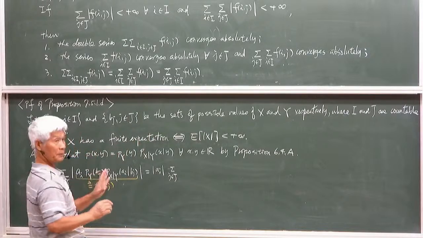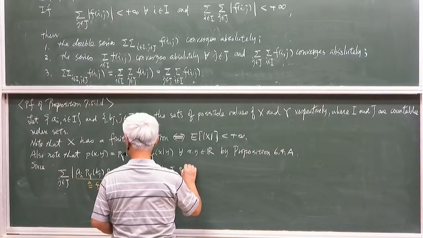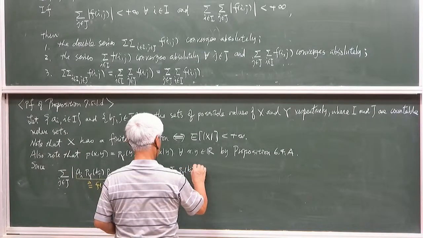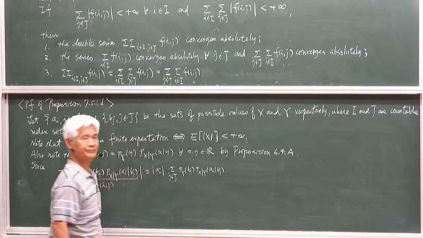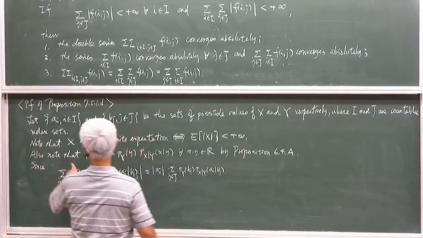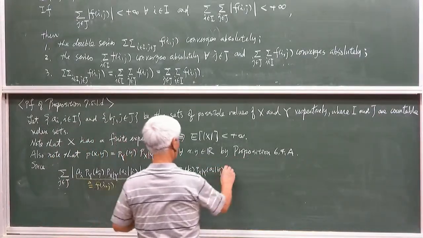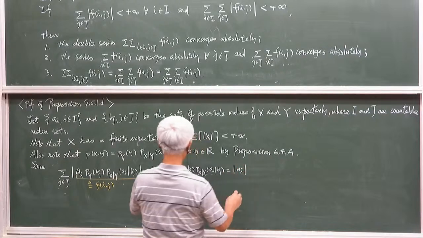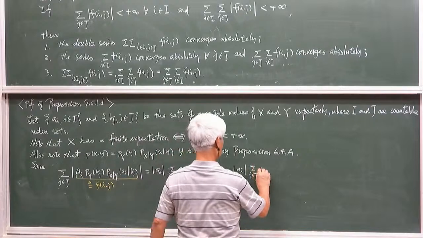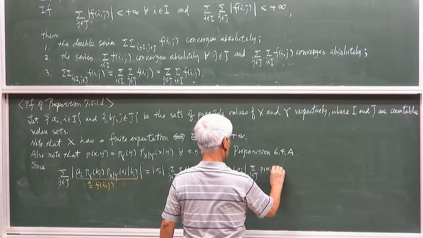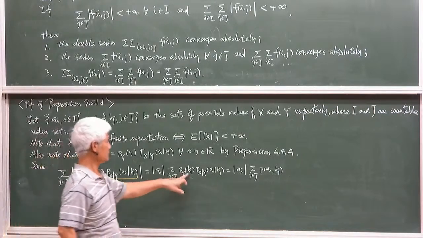Because the probabilities are non-negative, we have P_Y(b_j) and P_{X|Y}(a_i given b_j). But as we know by proposition 6.4.a, this product is the joint PMF of X and Y at a_i and b_j.